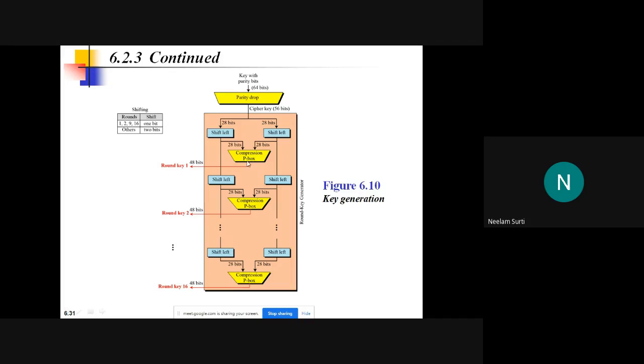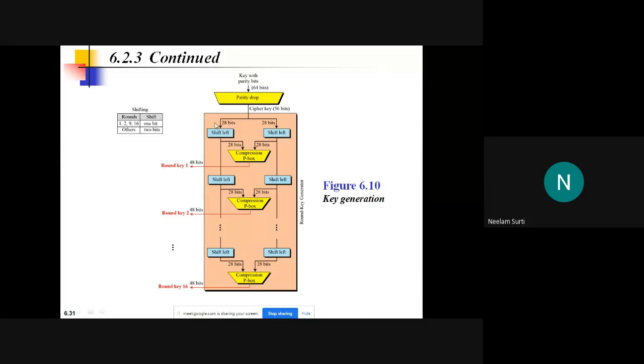By the name compression, from 56 you are converting it into 48, and that is nothing but your round key function.